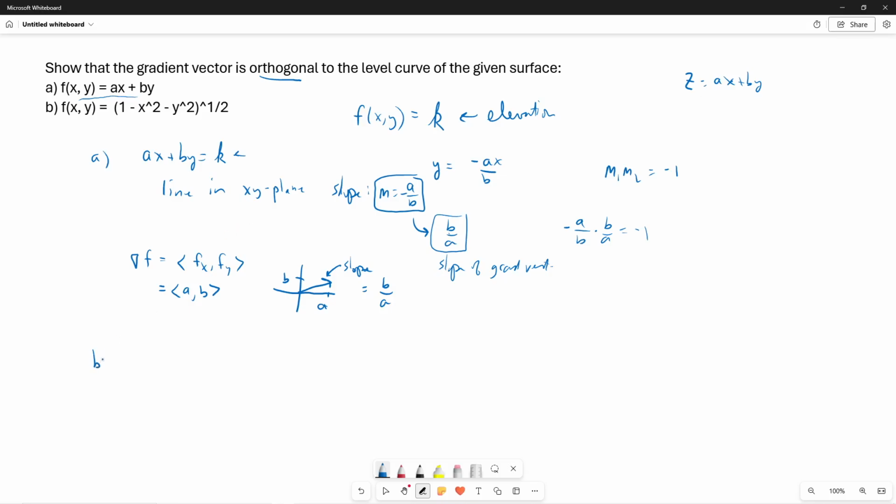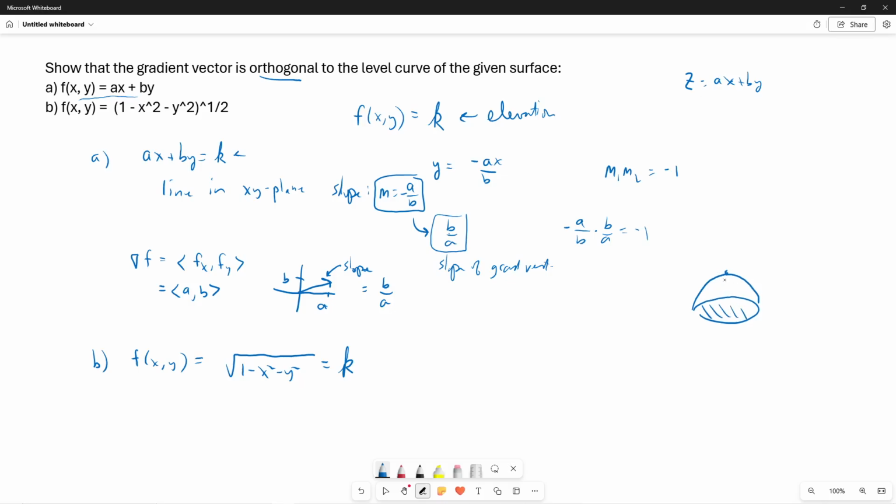Okay, part B, our function, let's write the function in the square root form here, square root of 1 minus x squared minus y squared. And a level curve means we'll set this equal to k. Now this surface is a hemisphere. That's in the xy plane.